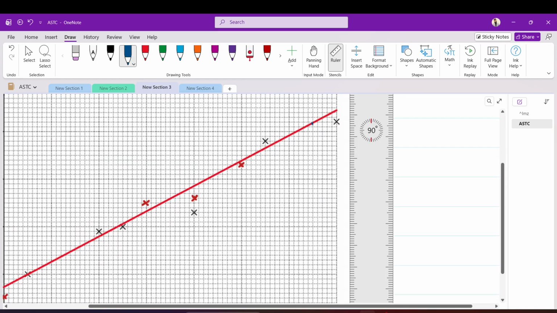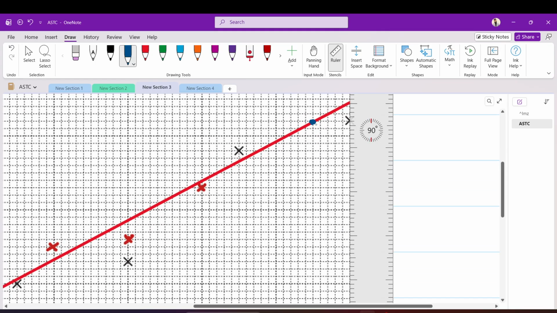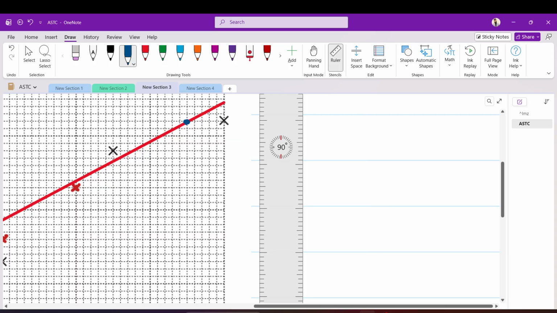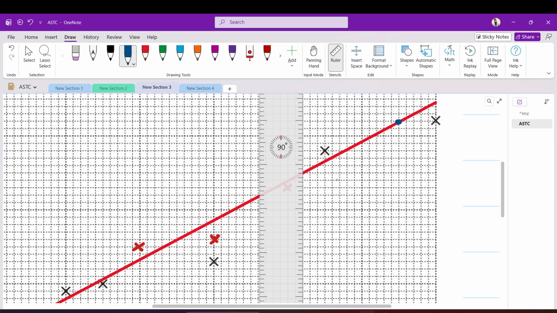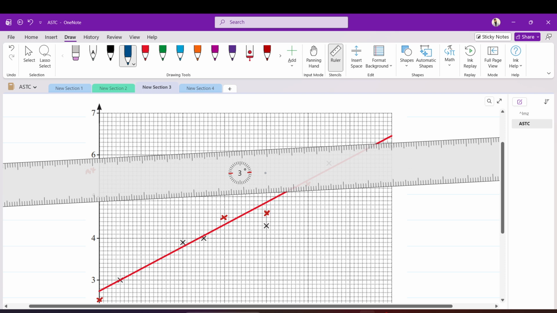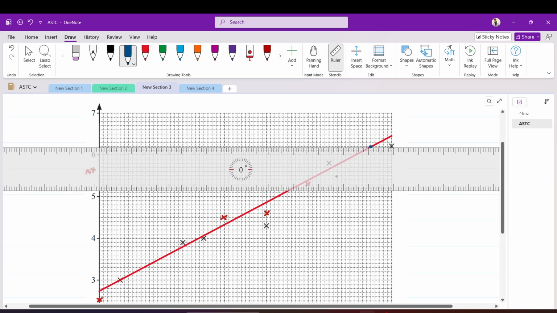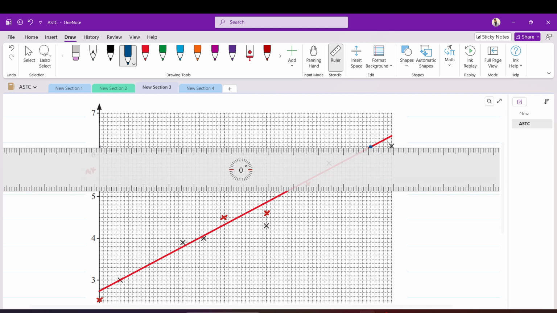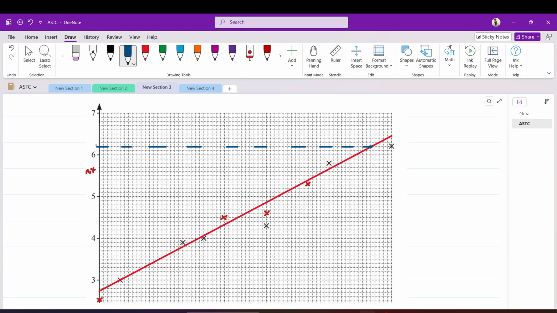Okay, this is the mark. All right, now what I'm going to do is, keep your ruler like this and draw a dotted line from your mark all the way till the y-axis.